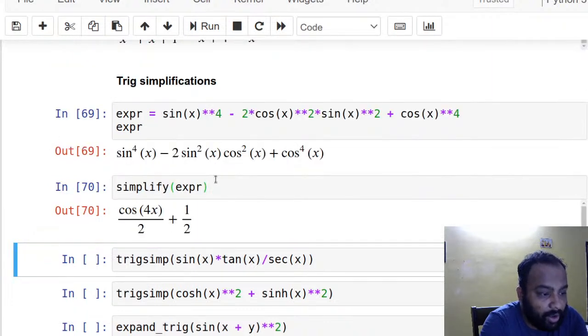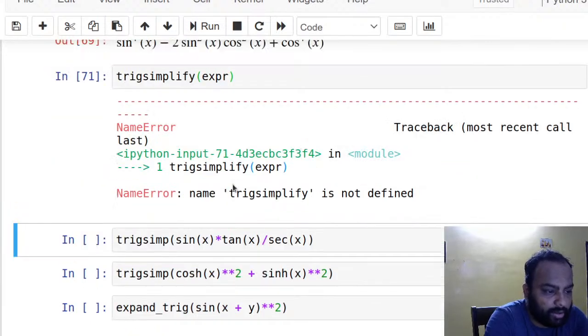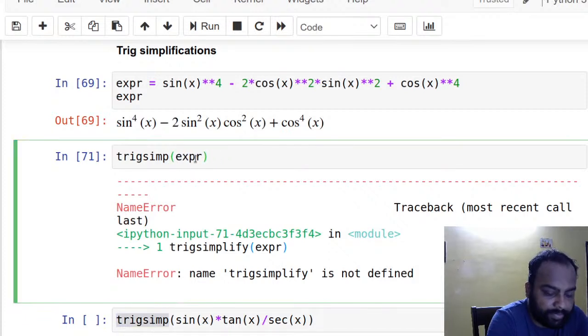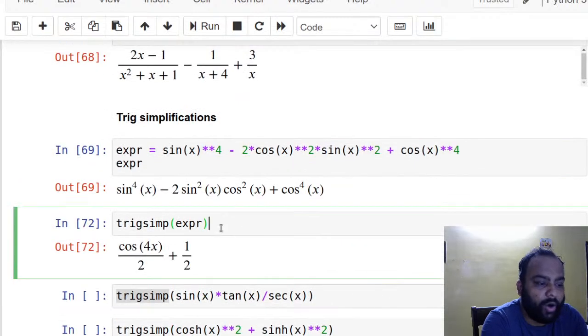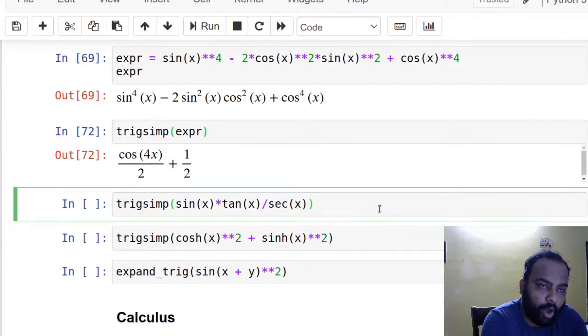If I say simplify, it was able to do that, but it is always recommended that you do trig simplify, to make sure you're telling SymPy that I know it's a trigonometric expression and the simplification is going to happen trigonometrically. But again, more often than not, simplify would figure out what to do. If it is unable to figure out what to do, then you are supposed to give it hints.